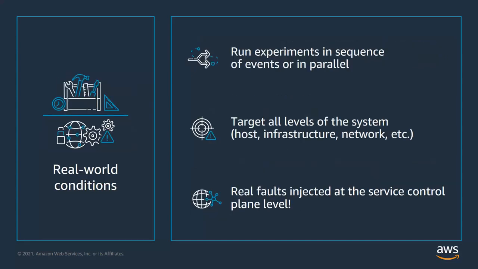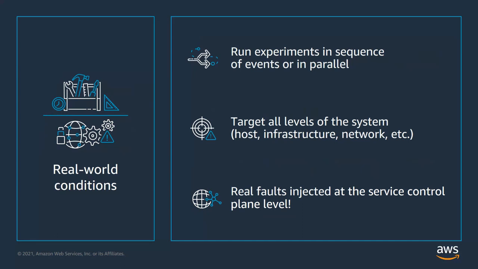When we run our experiments, we can either run them in sequence or in parallel. Sequences are often used to test the impact of gradual degradation, like a sequence of actions to gradually increase latency. Parallel experiments test the impact of multiple concurrent issues, which, as I mentioned before, is often how real-world outages happen.